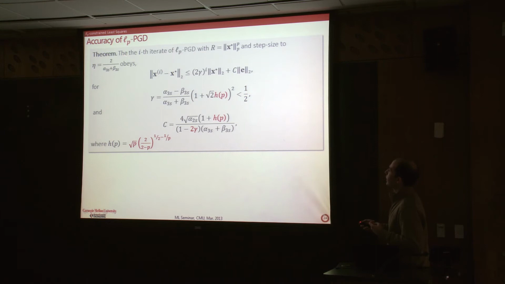The theorem that we get, or a slightly lighter version of the theorem that we prove, is that if you assume that you know the correct radius of the LP ball, and you choose the step size of the algorithm to be 2 over alpha 3s plus beta 3s, where alpha 3s and beta 3s are the asymmetrical RIP constants, then the algorithm is going to converge following this inequality, where gamma is given by this expression, and the C, which determines the approximation error, is determined by this expression, and h of p is this function in terms of p.